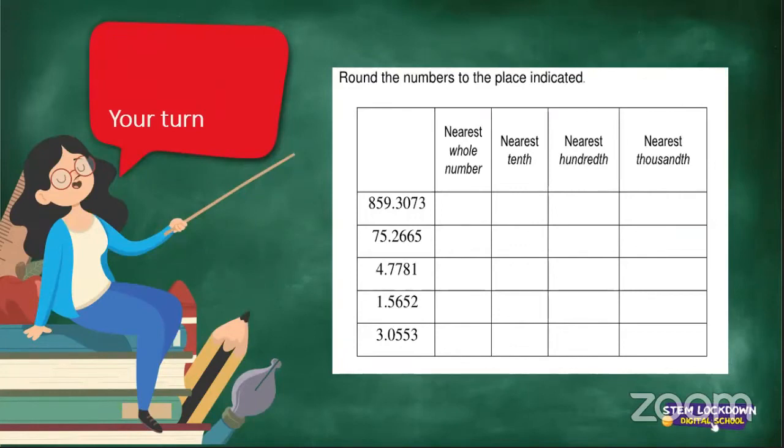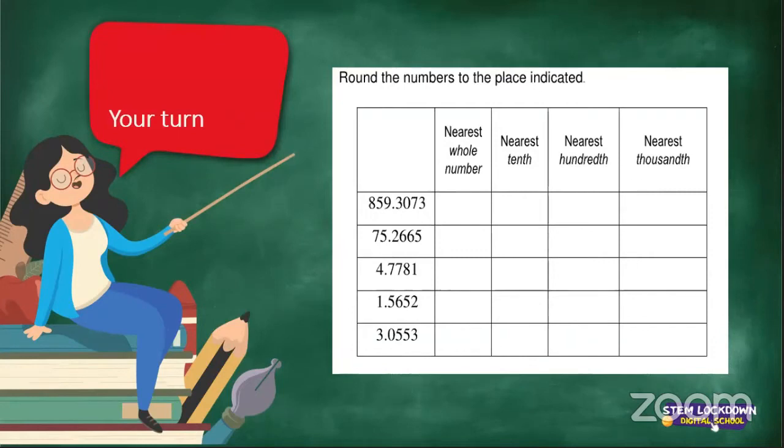So what is the next one? Nearest tens, 75.2. Anyone else? Or are we agreeing? All right, the correct one is 75.3.